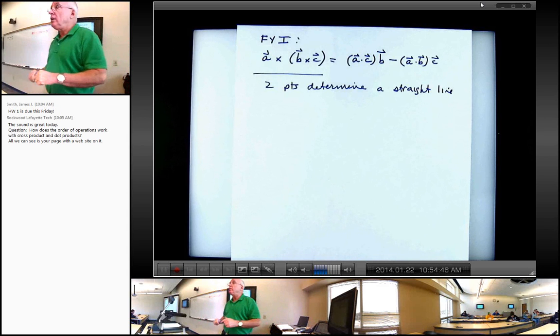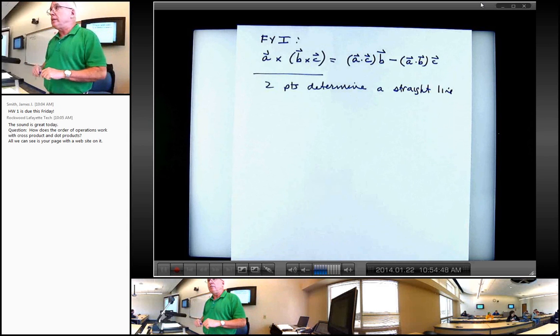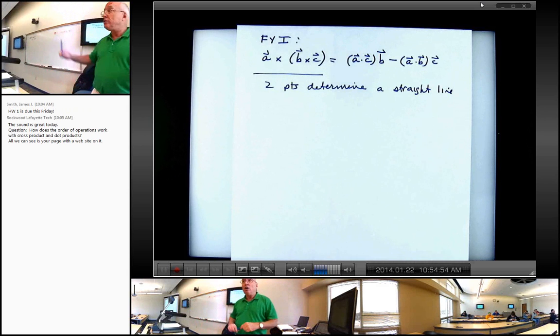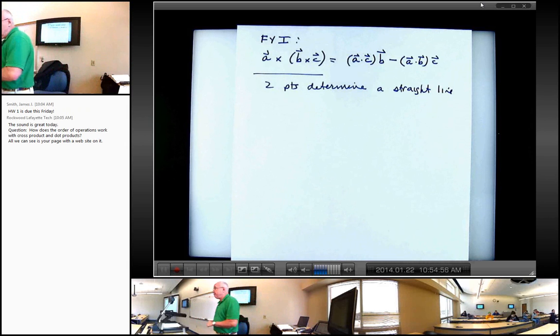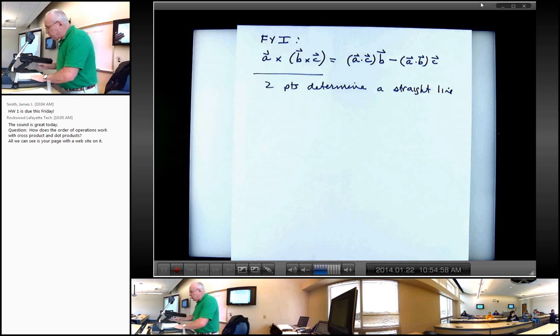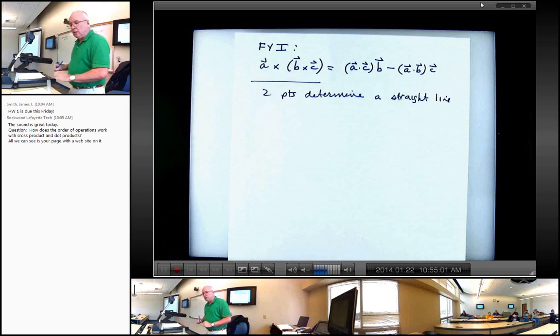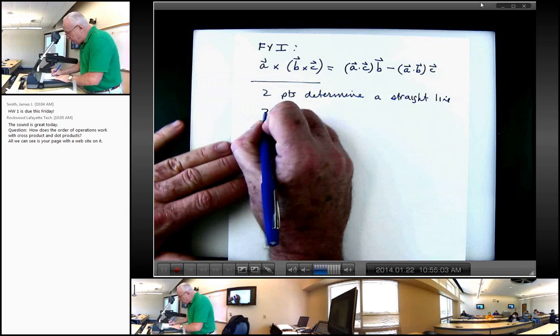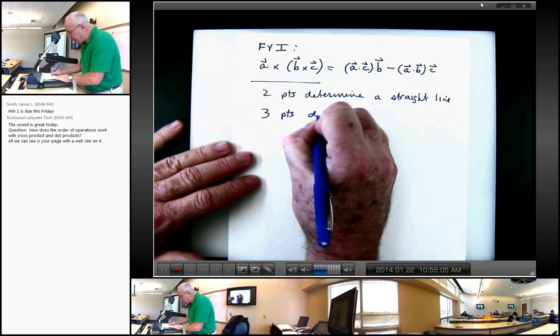Every plane cuts the entire universe in half, or something like that, all right? Because it just extends out forever. So similar to this 2 points determine a straight line, we have this. 3 points determine a plane.